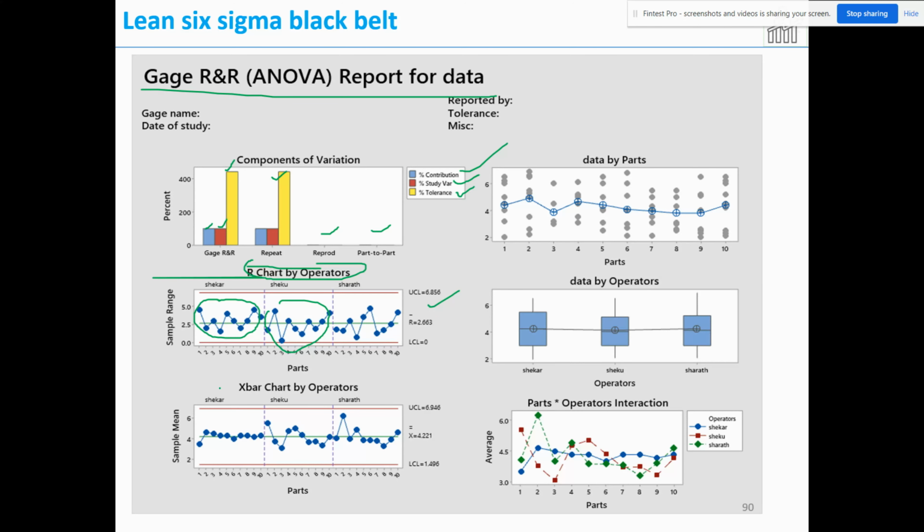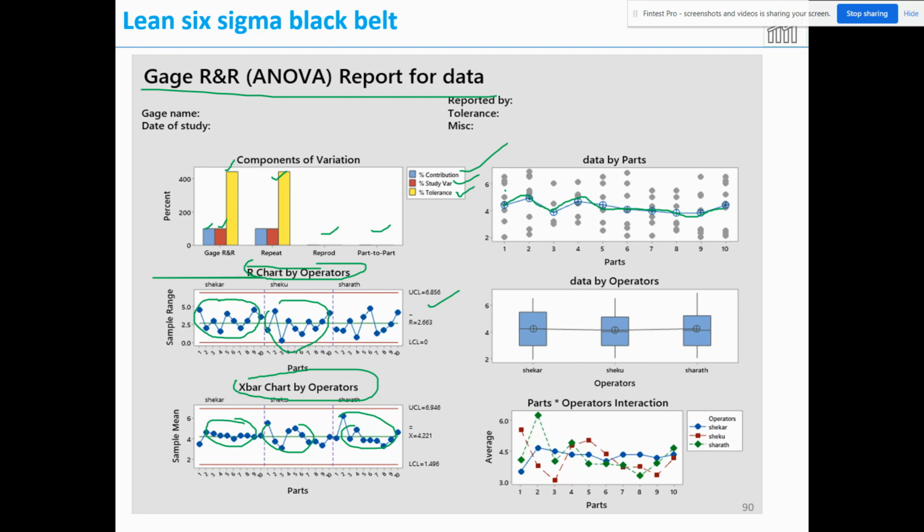Now the X bar chart, you can see how each data is trending within the control limit. That is what is given here, and there is no pattern also. All the three have a variation. That means there is a variation in the measurement system as well as with the operator, and this is the mean of each one connected, and there is no pattern. It should be almost straight.